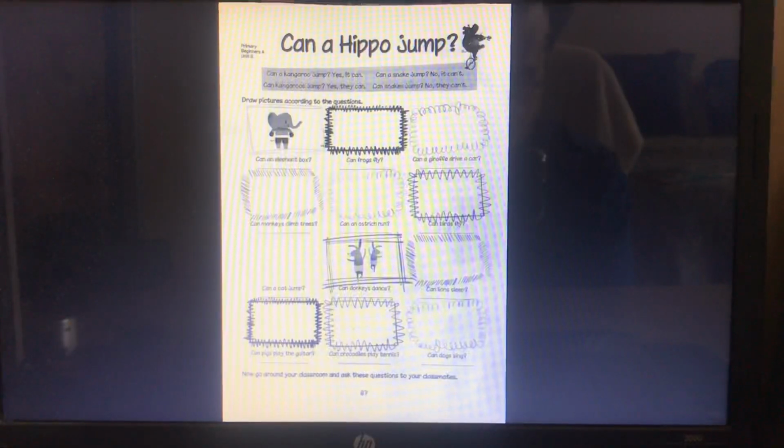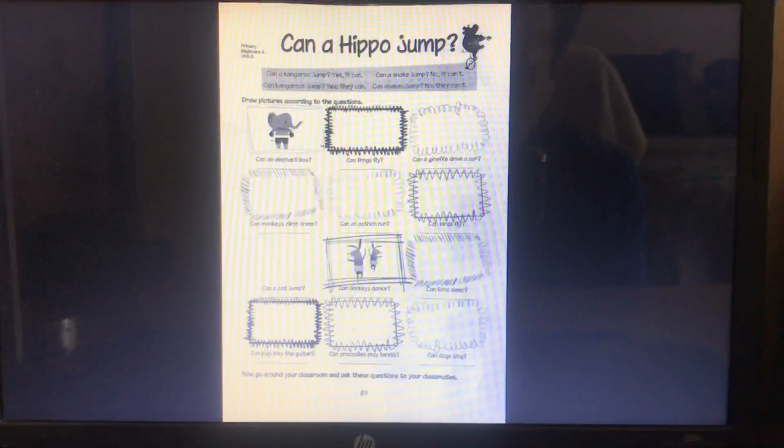Okay, guys. Now we're gonna jump into your workbook. In your workbook, you will be doing page 87. In page 87, you will be drawing what they tell you to draw. For example, in the first box, we can see an elephant. And the elephant has some boxing gloves.